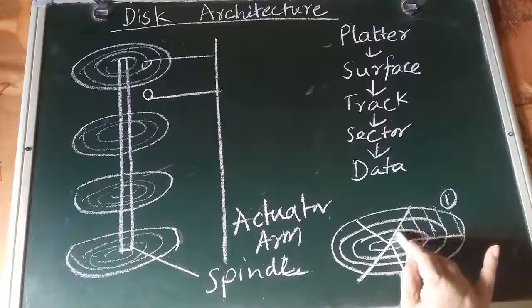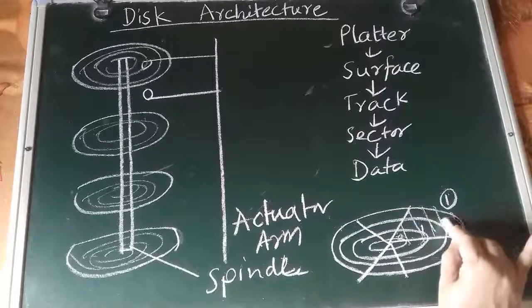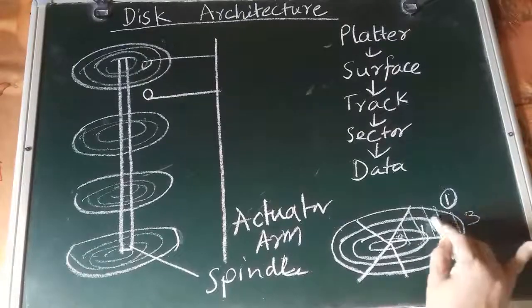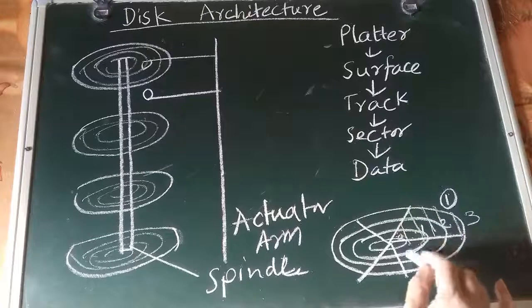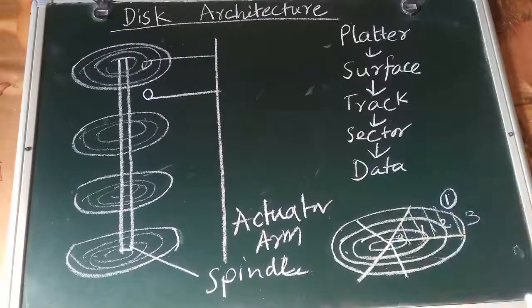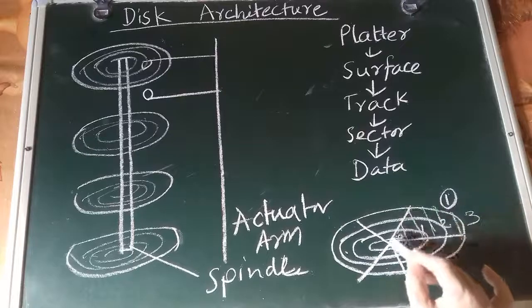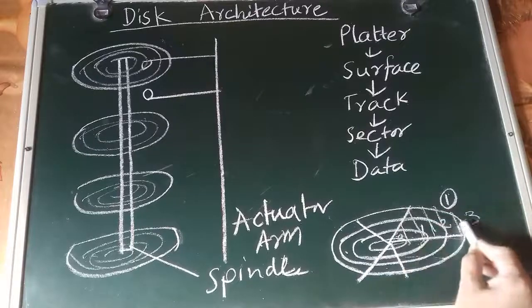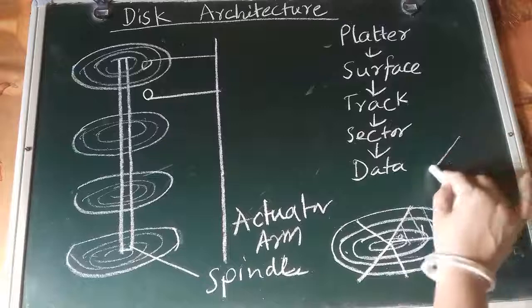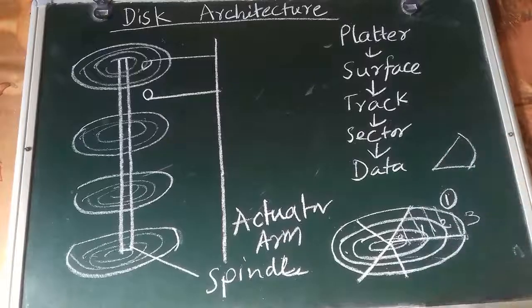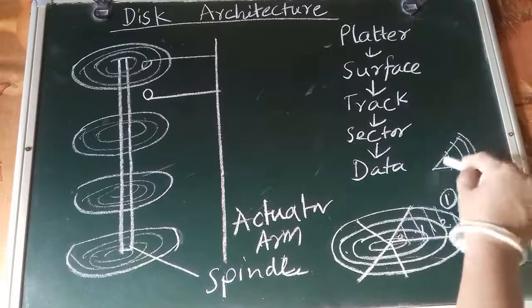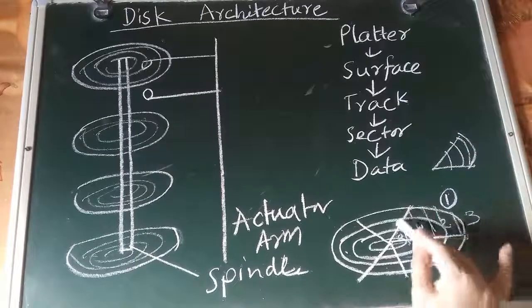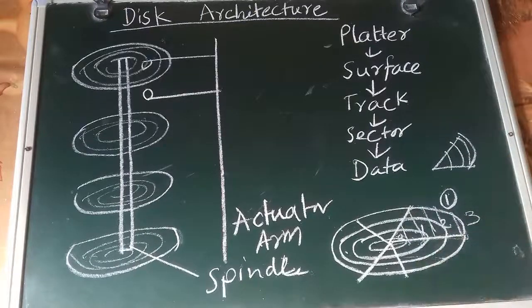Say this is track 0, track 1, track 2 and track 3. We have taken 4 tracks and 5 sectors. Each sector, this portion or angle, is nothing but a sector. Each sector covers a portion of all the tracks.